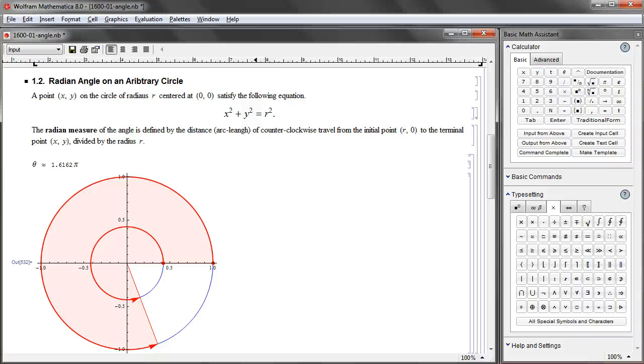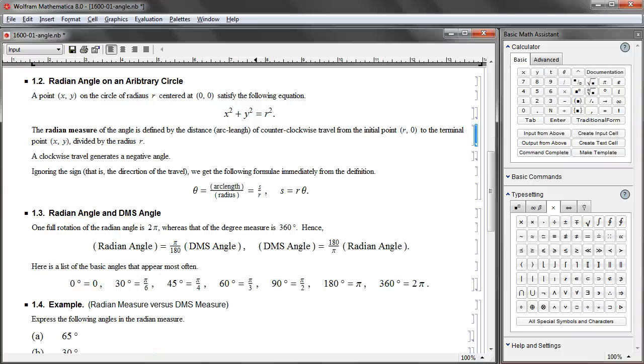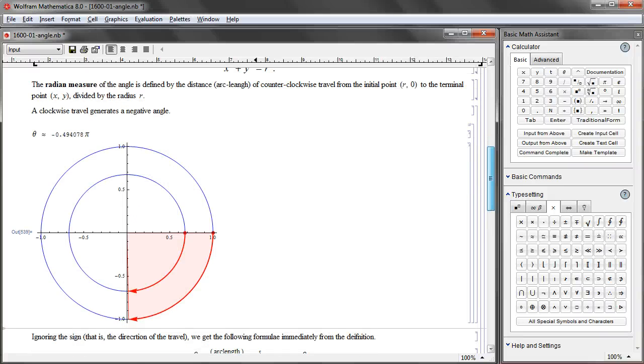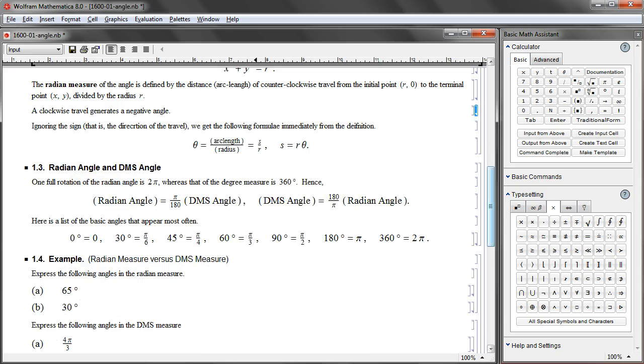As you can see, we have different circumferences, but if you divide by radius r, then we have the same result, and that's what you're looking at, the angle. If you go backward, it's the same situation. This time we got something pretty close to negative 90 degrees, negative 1.49 something, so that's pretty close to 90 degrees.